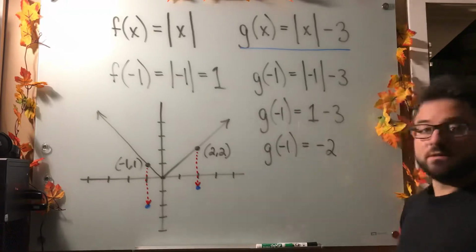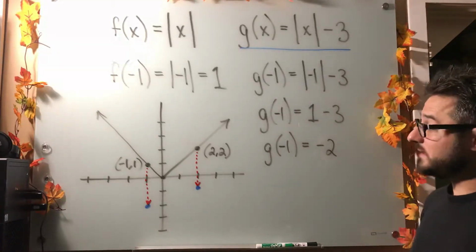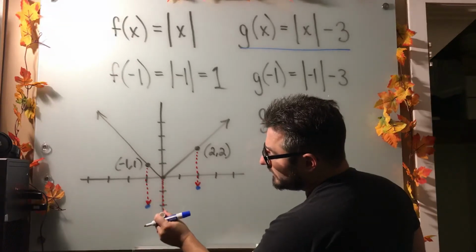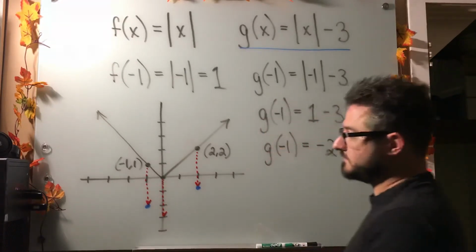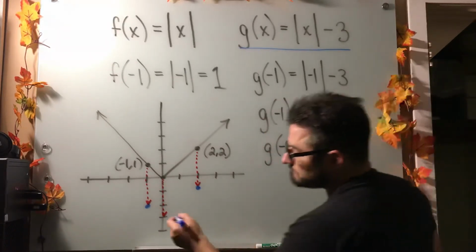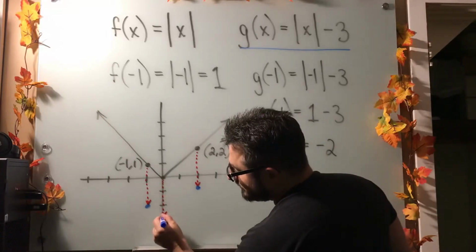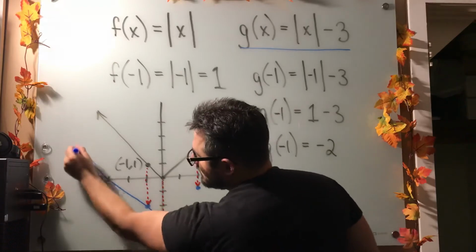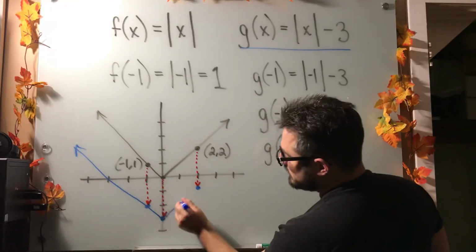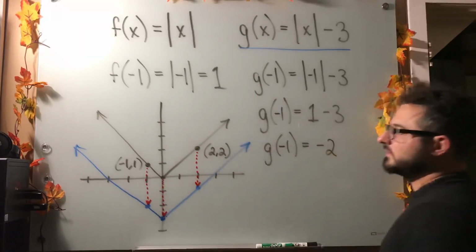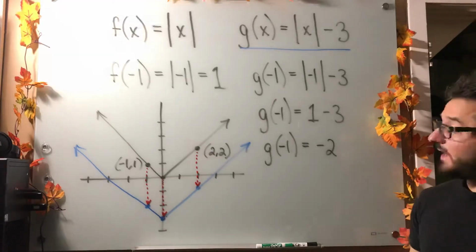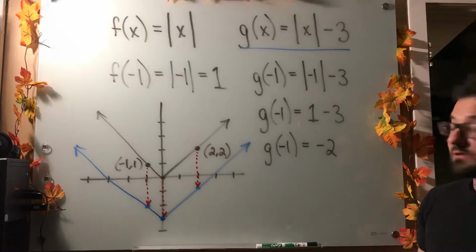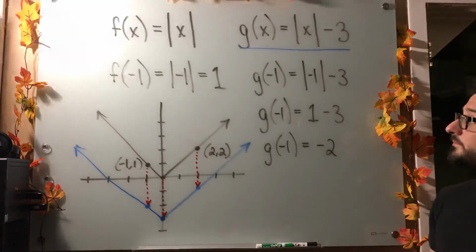Every point moves down 3 spaces. So this point here will move down 3 spaces. And so on. And we get the same graph, but in a new position, 3 spaces downward from the original.